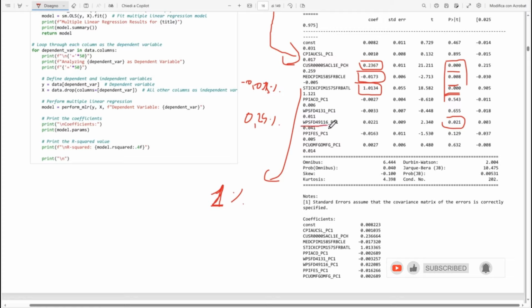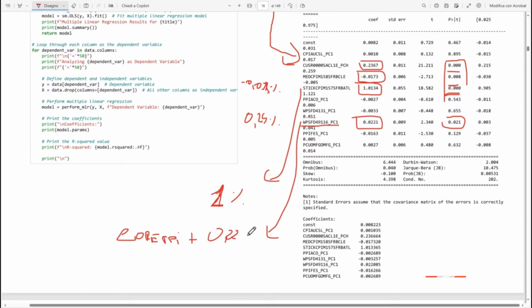This one is core PPI, so excluding food, energy, and trade services. What happens if core inflation has increased by 1%? Core producer price index, core PPI, let's make it a broader measure, has increased by this coefficient, 0.20%.